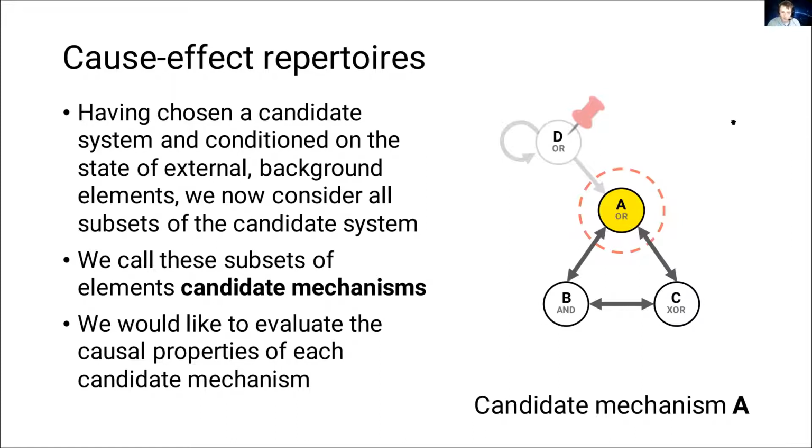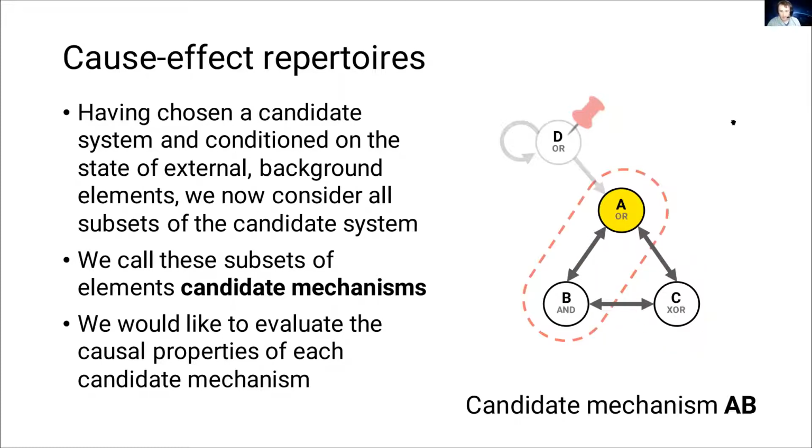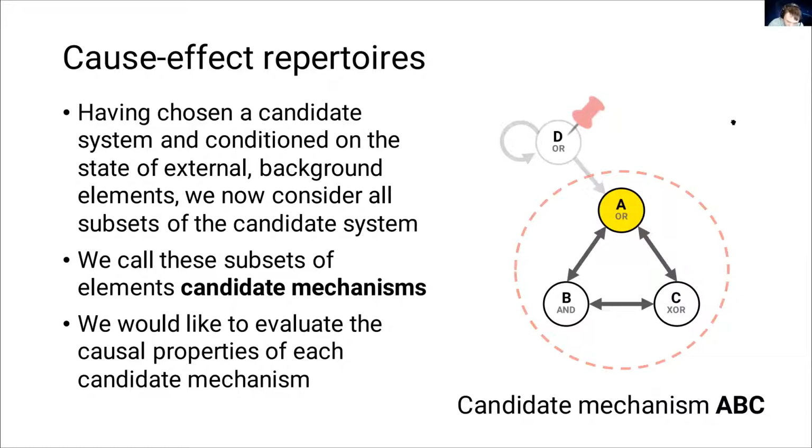So whether that mechanism is A, or B, or C, and this is whether it's A in an on state, or B in an off state, or C in an off state, or A in an on state and B in an off state, or the same for A and C, or B and C, or the entire system, A, B, and C.